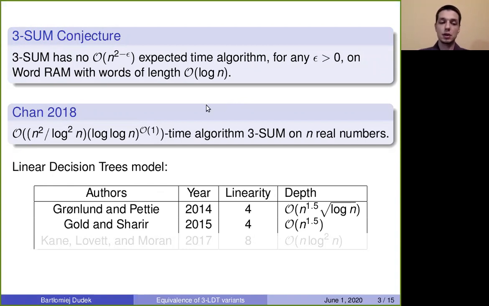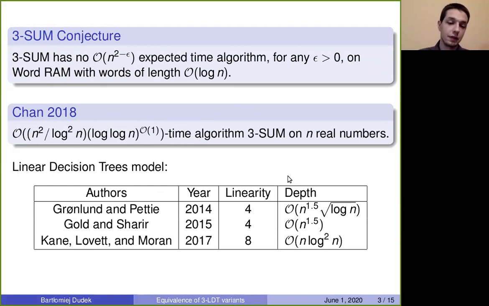Later, this was improved by Gold and Sharir to a slightly smaller depth with the same linearity. And very recently, there was a breakthrough result by Kane, Lovett, and Mora, who showed that there is an almost linear depth tree with linearity only 8. This is the best we know in the linear decision trees model. But unfortunately, these results do not transfer to faster algorithms for free-sum.